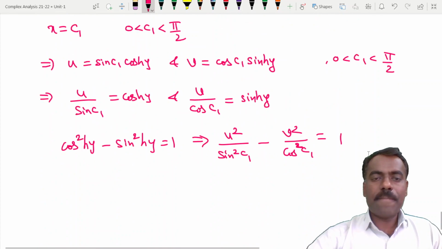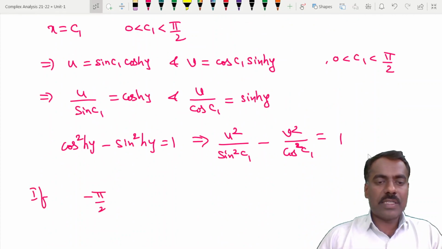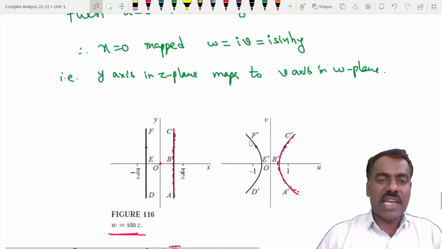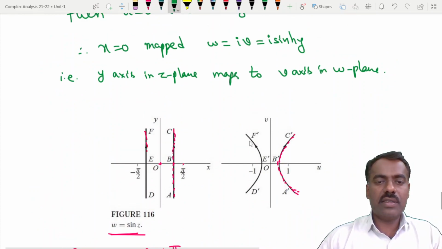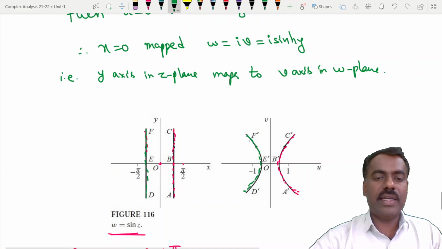Now if we take c1 between minus pi by 2 and 0, or if you call it c2, no problem, that means if we consider this line, that will be mapped to the other, left hand side branch of this hyperbola, right?